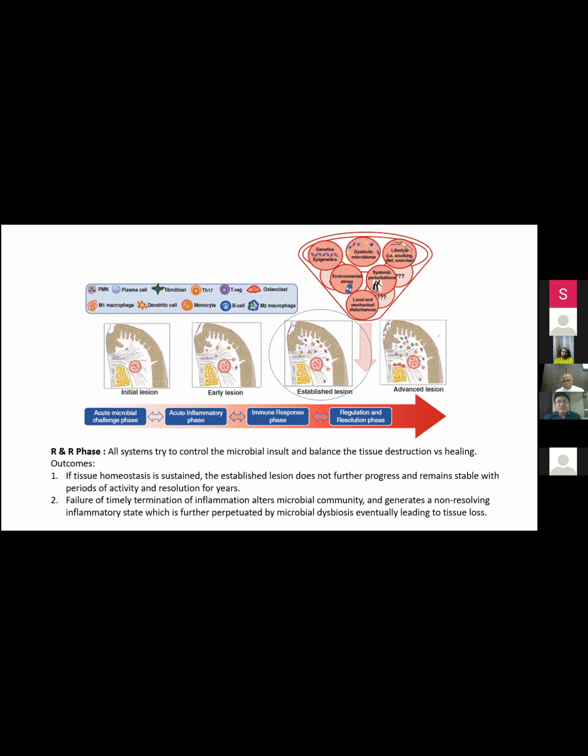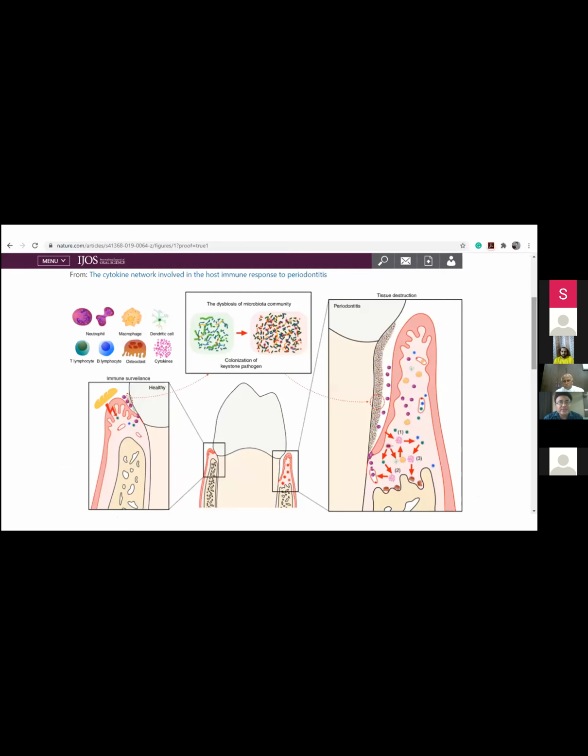So this is one interesting article from Nature which shows how, if you look at the, I'll just take a pointer here. If you look at the central diagram, how there was symbiosis earlier and introduction of one keystone pathogen caused dysbiosis.